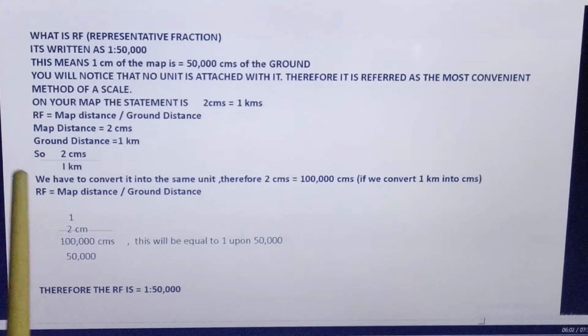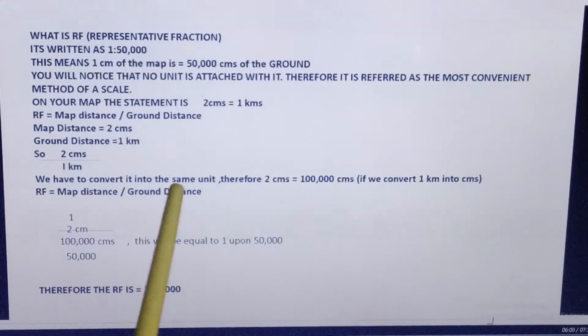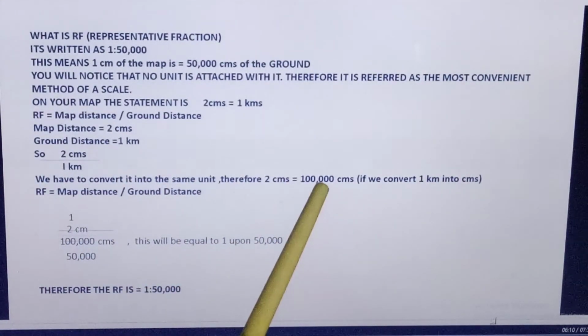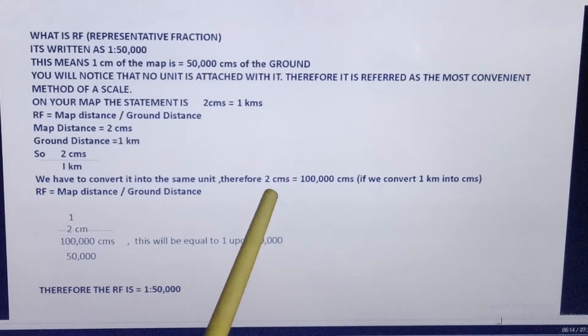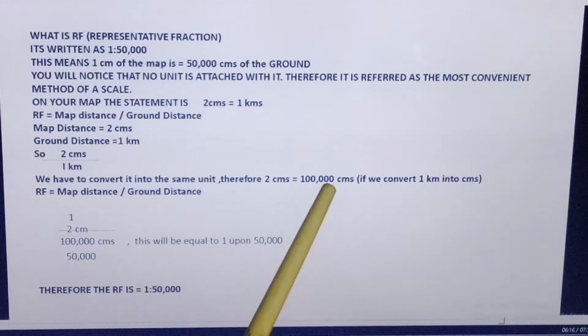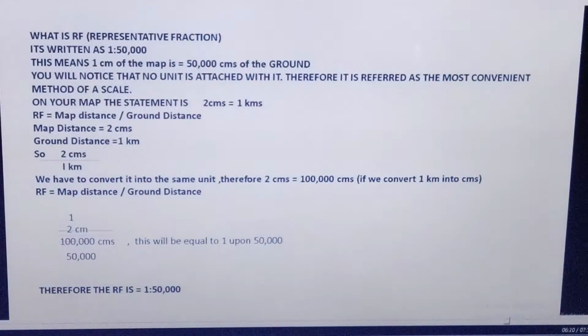But we cannot divide two types of unit. One has to be converted. So we convert 1 kilometer into centimeters. So when we convert it into the same unit, 2 centimeters will be equal to 1 kilometer, meaning 1 lakh centimeters. Now the units are same.